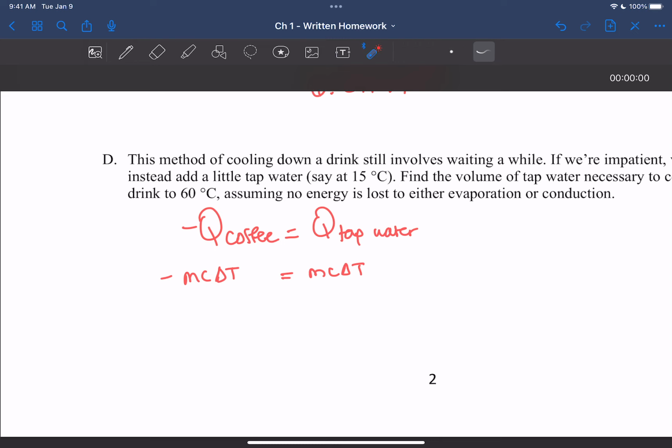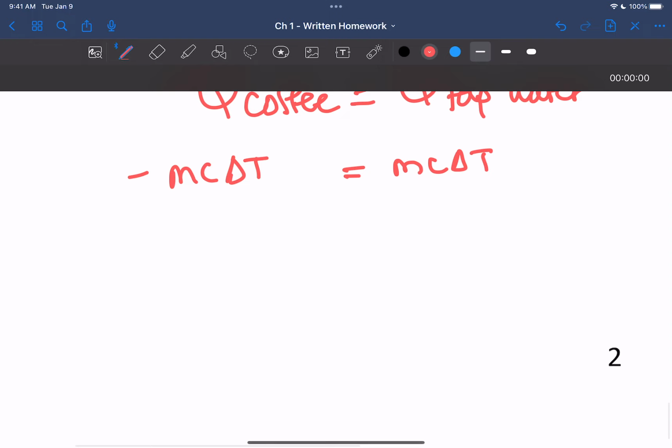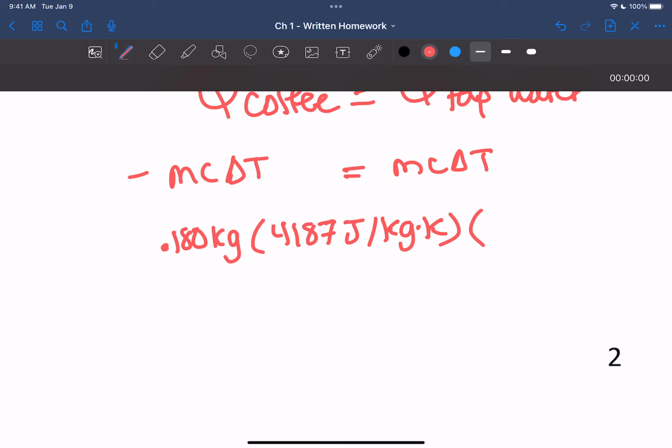And you can see that we started off with 180 milliliters of water, and that's around 0.180 kilograms, because remember, 180 milliliters of water divided by 1,000 milliliters, kilograms on top. We already went over that conversion before. So 0.180 kilograms times the specific heat of water, which is 4,187 joules per kilogram Kelvin, and then times the change in temperature.